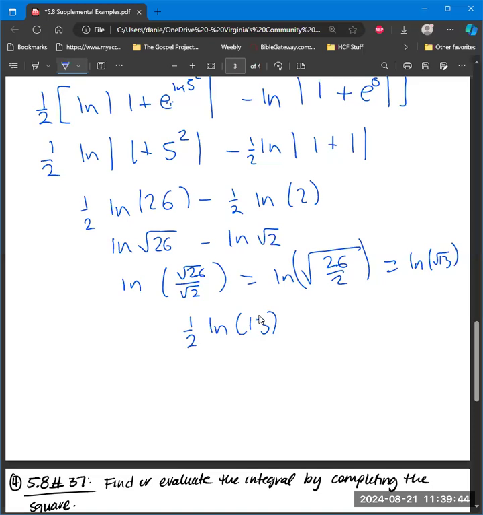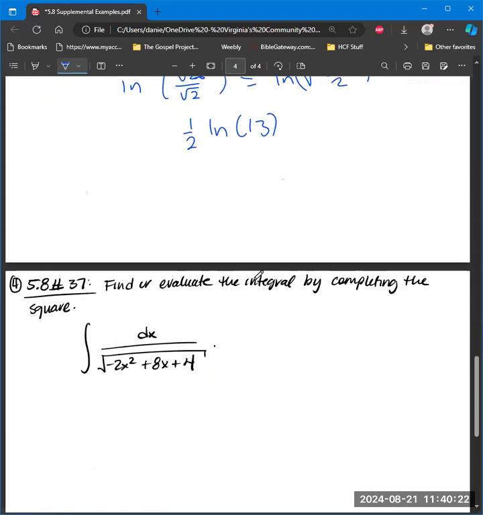I could have gotten that by splitting the 26 up into a 2 and 13, and the parts with the 2's would have canceled. Let me show you that. This and that would have made a 0, and I would have been left with that answer. Lots of different ways to work with logs to get the same answer. But this is the most broken down answer here that the textbook probably is going to give you.